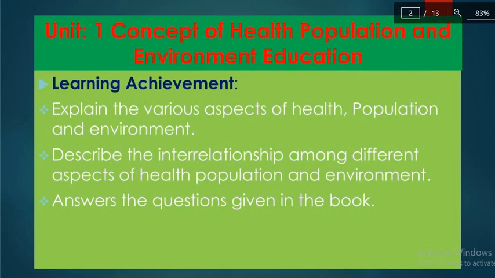Such expectations are: explain the various aspects of health, population, and environment, describe the interrelationship among different aspects of health, population, and environment, answer the questions given in the book. So my dear students, these are the objectives of Unit 1. And now let's go for the learning of the concept of health, population, and environment education.